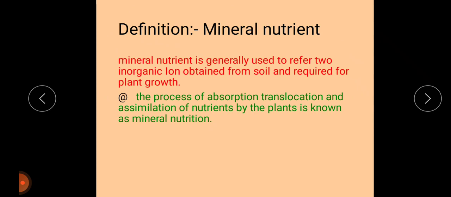The process of absorption, translocation and assimilation of nutrients by plants is known as mineral nutrition. These are two basic concepts regarding plant nutrients or nutrition.